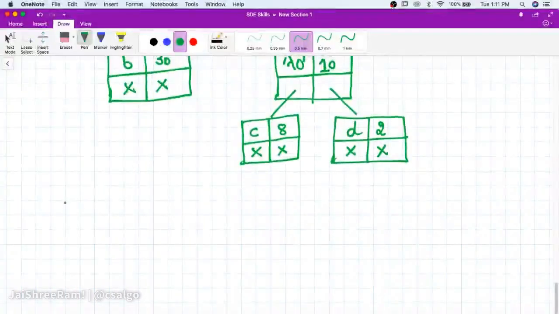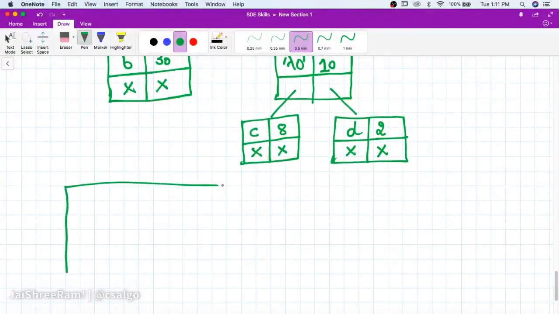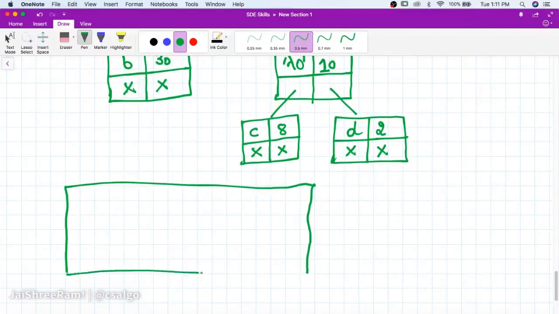So now the updated heap will again have two nodes. One node will be the A node, its character as A, its cost is 60, its left is null, its right is null.